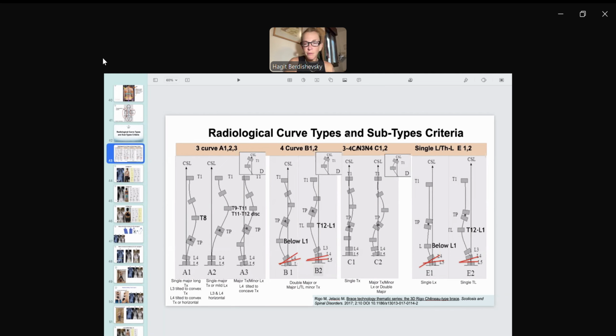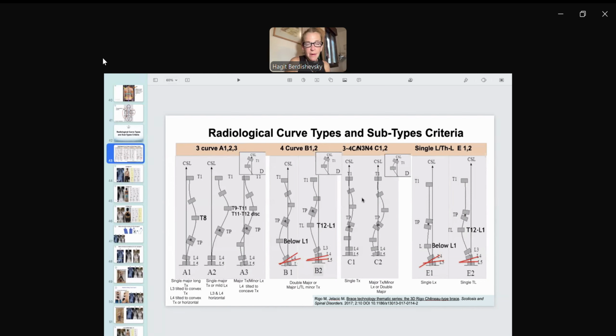And each one of them has, of course, a lumbar. The 4C will have a thoracic, and the single will not have a thoracic. In both of them, we have two subtypes.